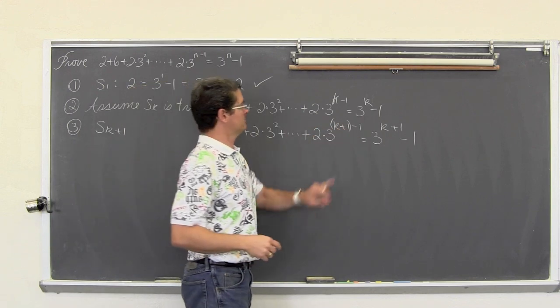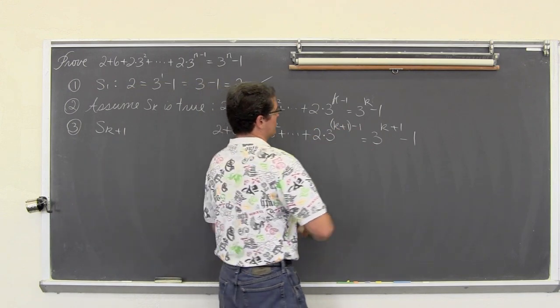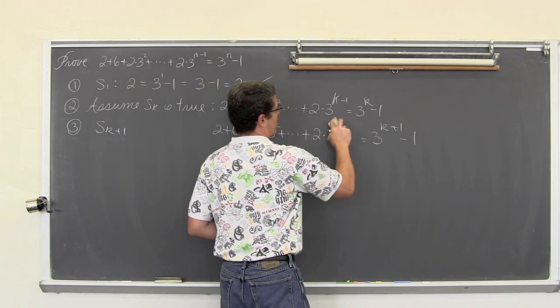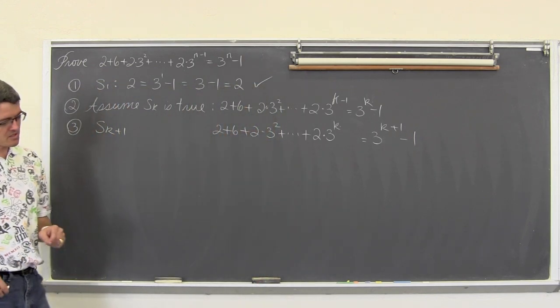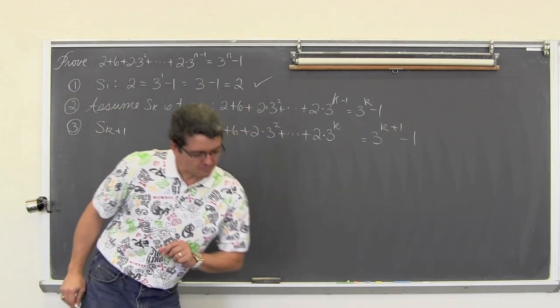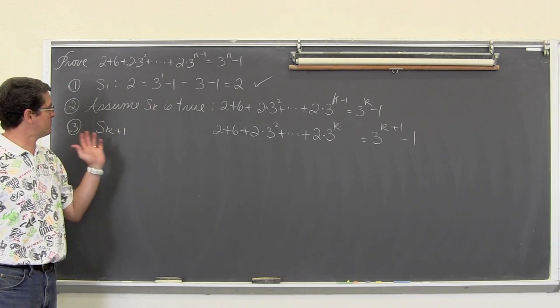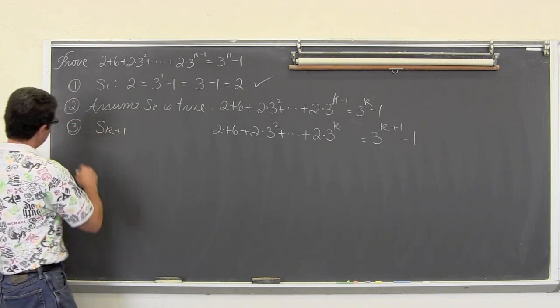And this ends up being 1 minus 1 is equal to 0, so this numerator can just become 3 to the k. Now, in step 4, we're going to rewrite S of k.